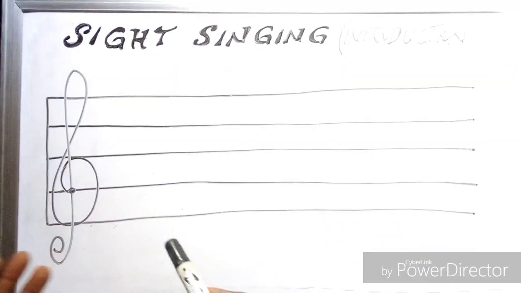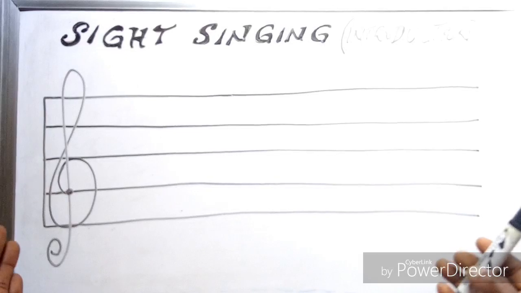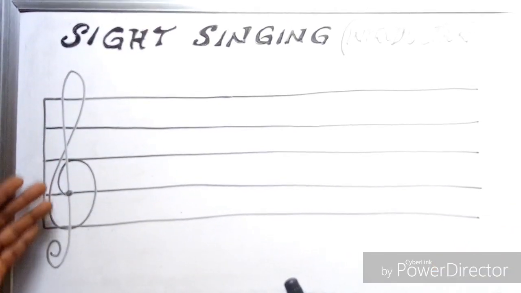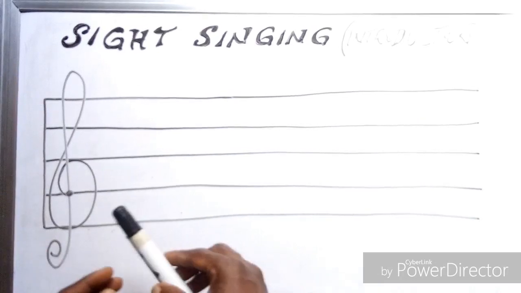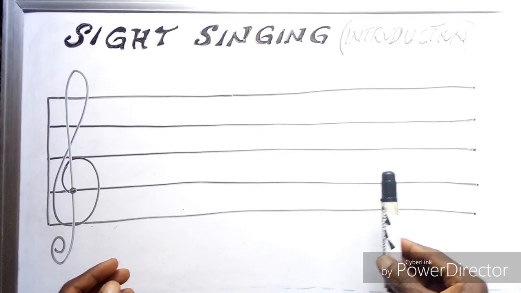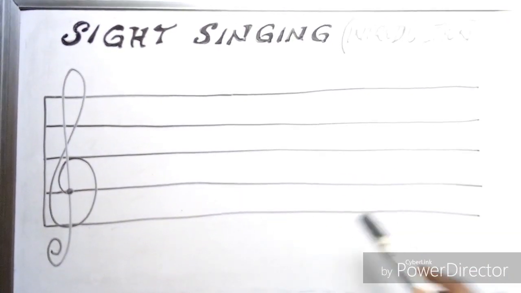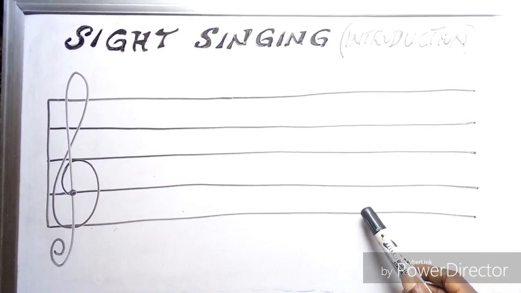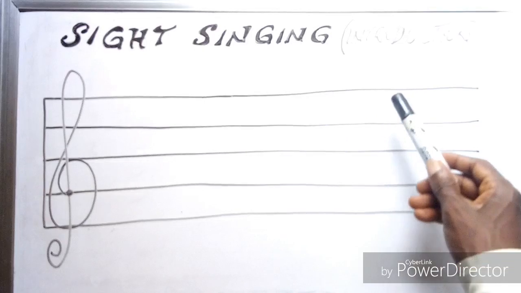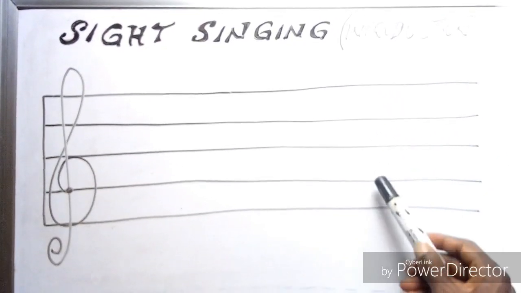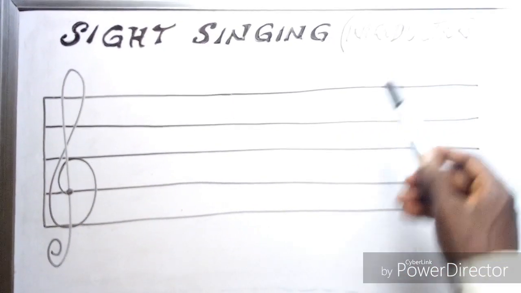Now, looking at this staff, we can see that it has a treble clef on it. This treble clef makes this staff a treble staff, and that makes the lines E, G, B, D, F. Every Good Boy Deserves Favor.